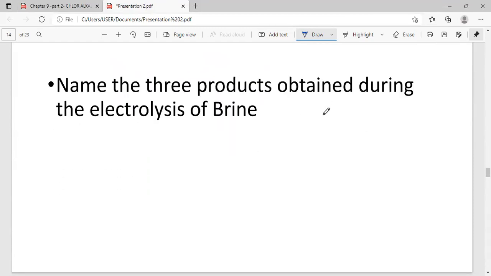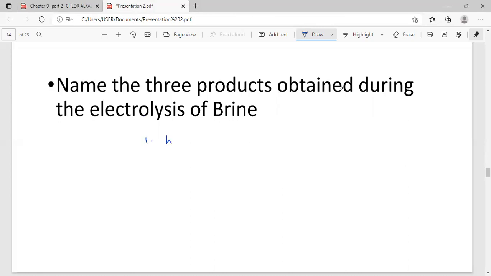Moving on. Name the 3 products obtained during the electrolysis of brine. Okay, so what is brine? Brine is concentrated sodium chloride solution. So what are the 3 products obtained? We learned that during this process, from one electrolyte, we get 3 different products. What are they? Okay, good.